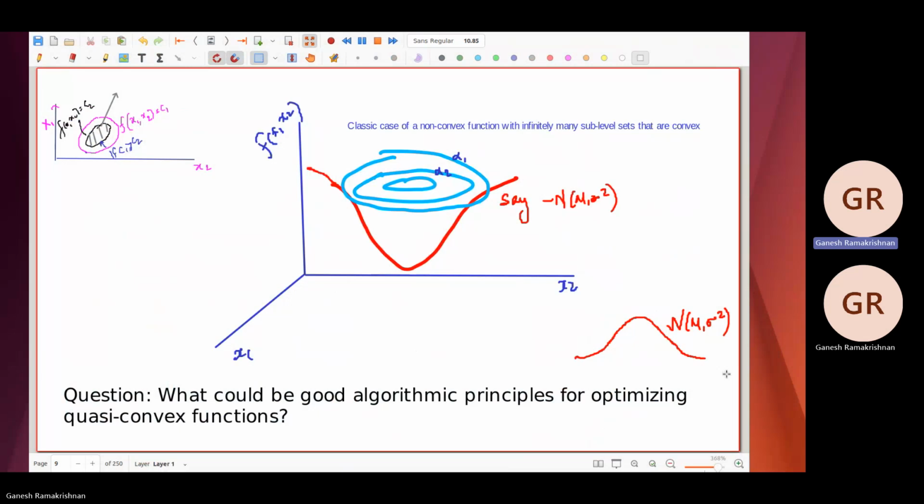Strong convexity, Lipschitz properties, called Lipschitz smoothness. Let's just call it Lipschitz properties because there are two properties we'll talk about.